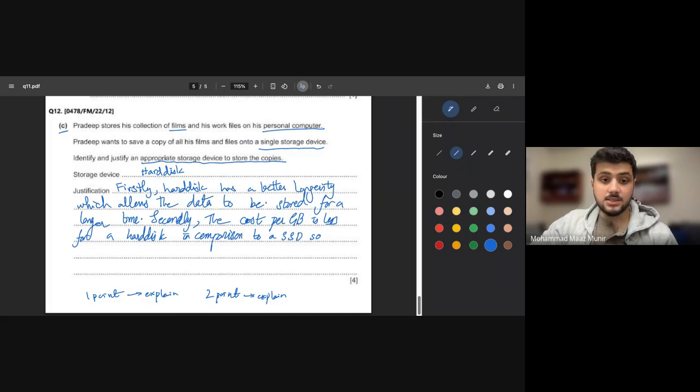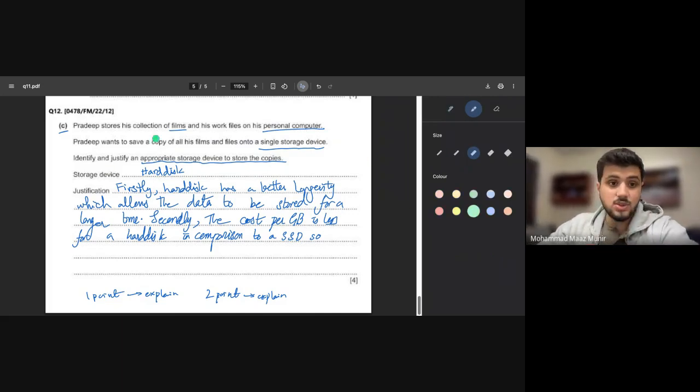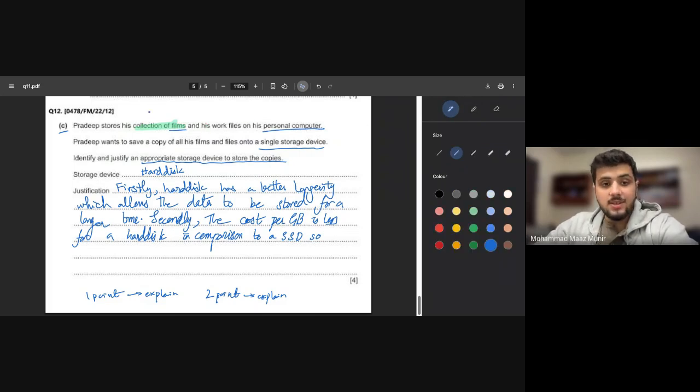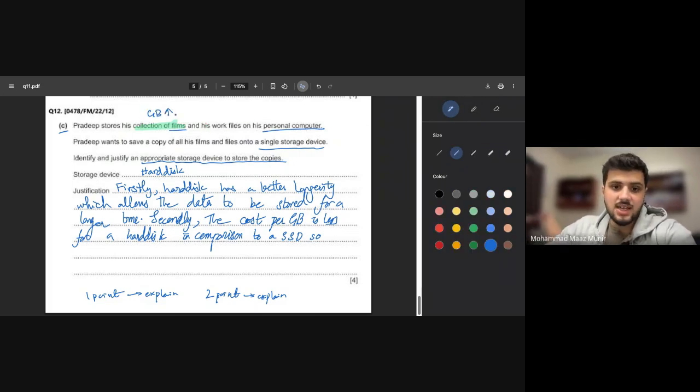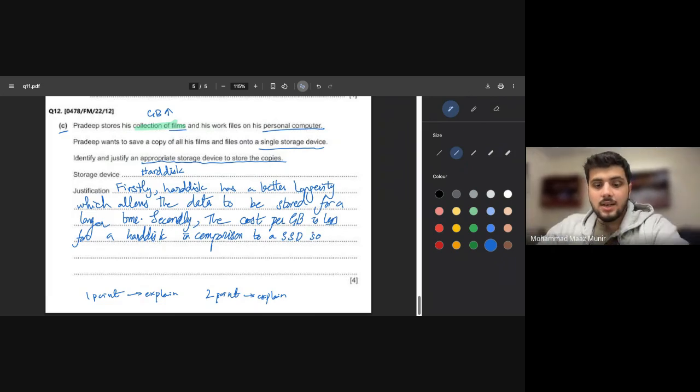Because now you need to also talk about why. So, you see, it clearly states that we have to store the whole collection of his films, which definitely will be something of a very large file size. So, we're going to state that in comparison to SSD, it's going to be cheaper. Why? Because the cost per GB is less for hard disk in comparison.